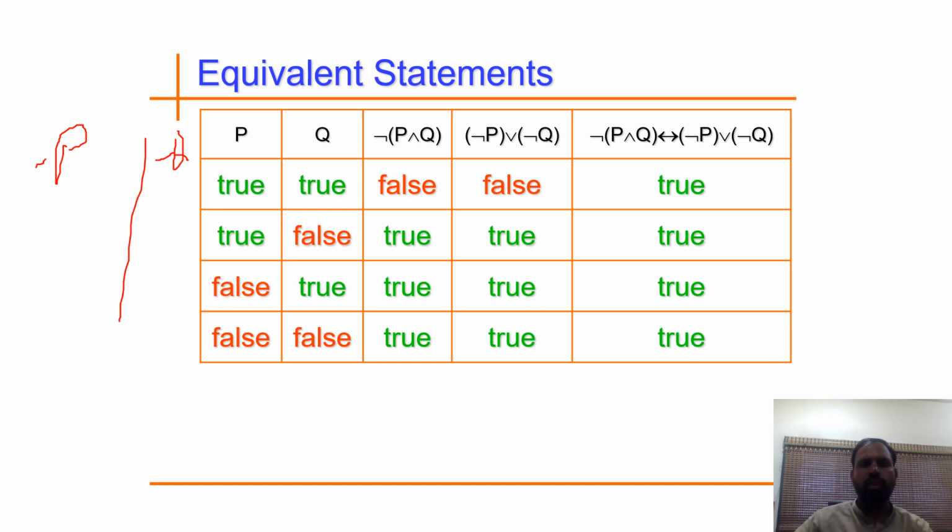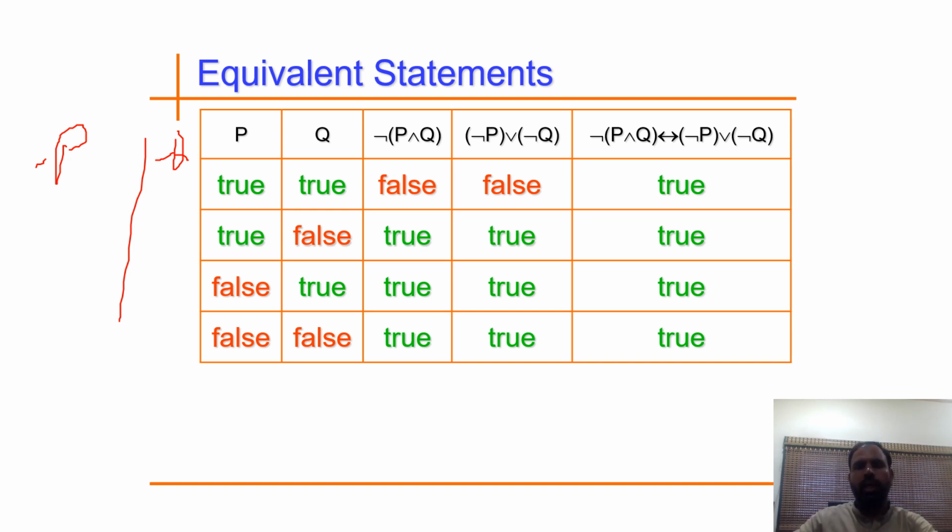If P is false, negation P is true, and if Q is true, negation Q is false, so the OR between these two will be true. Similarly, in this case this will become true and this will become false, and in the OR combination this will result in true. And the last one, both values will be true in negation, so in the OR combination the result is true.